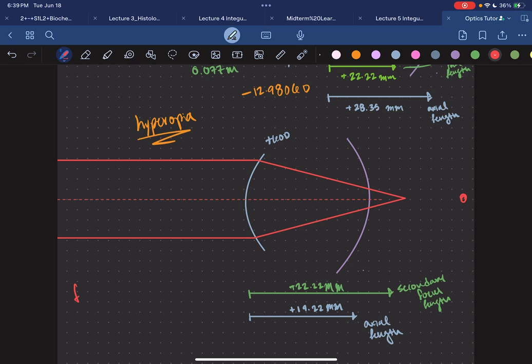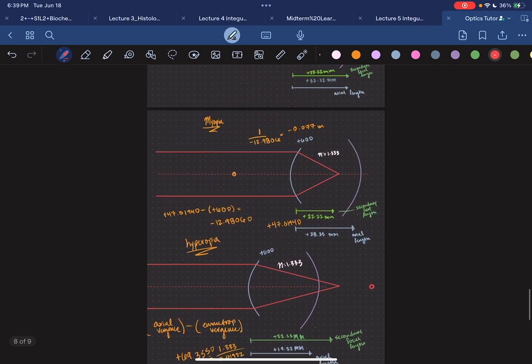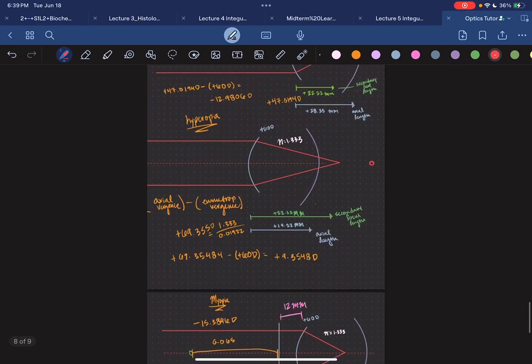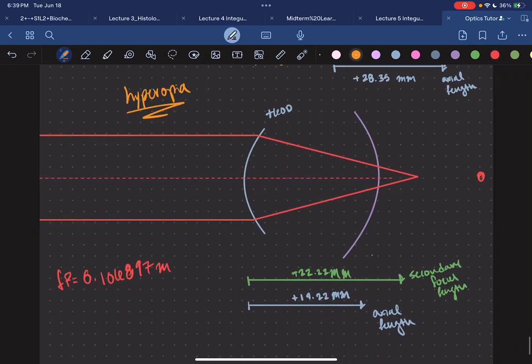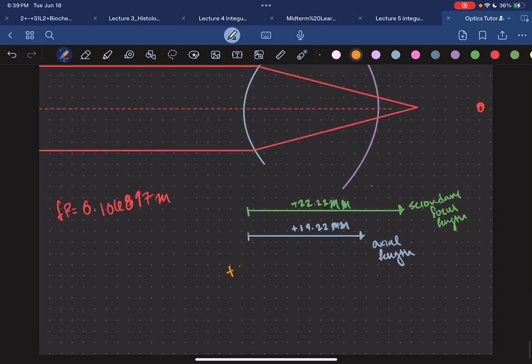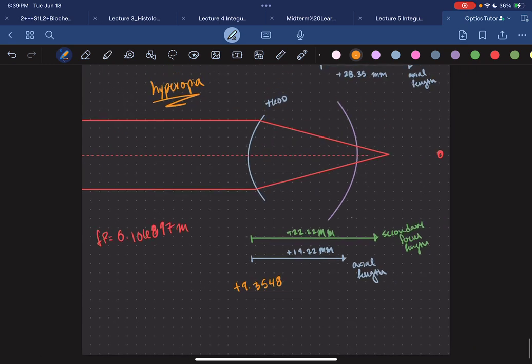I'm going to write down here, far point FP equals 0.106897 meters. And we found that it needed a plus 9.3548.